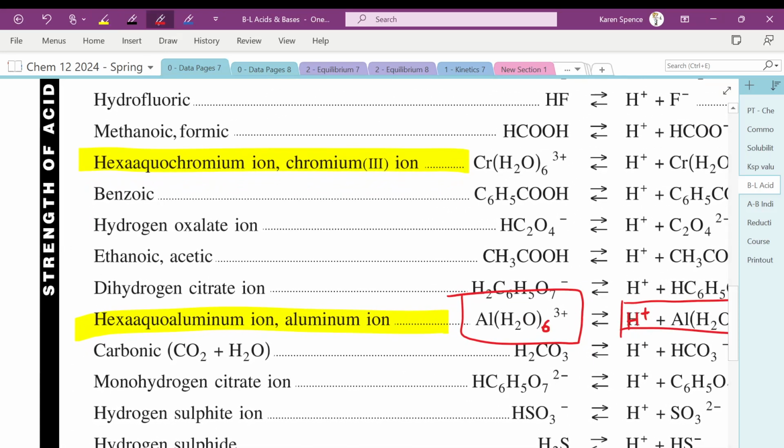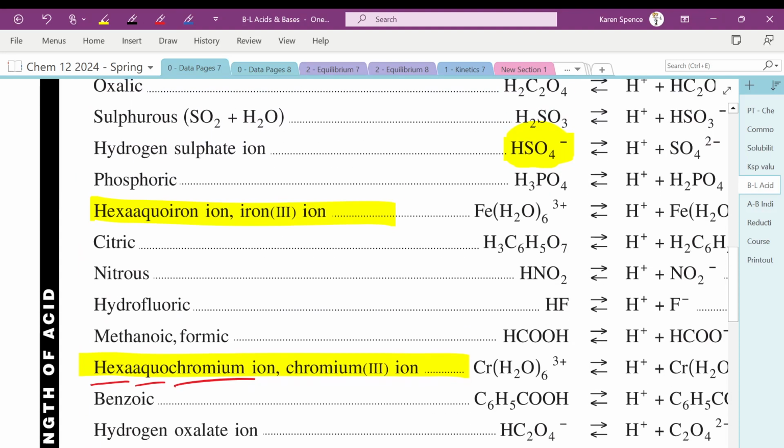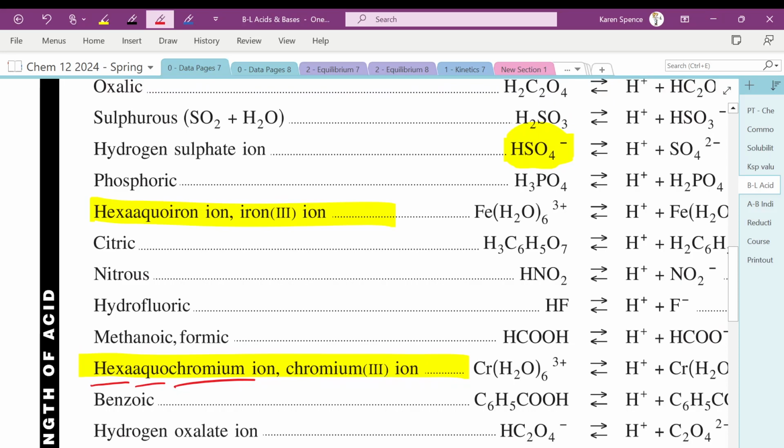We have the hexaaquo aluminum ion, the hexaaquo chromium ion, and the hexaaquo iron ion. So when you see them, don't panic. Just remember, go look at your data booklet and you'll be fine. Okay, so page 95, numbers 1 through 9.